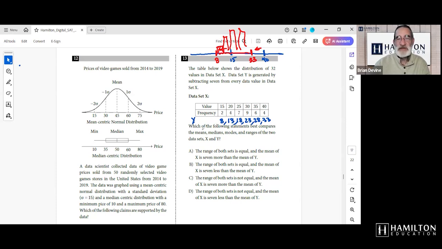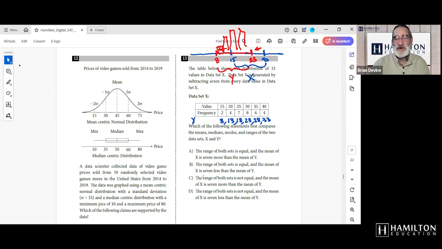Well, now we can answer the question, because they say, which of the following best compares the mean, median, mode, range of the two data sets? Well, as I just said, the range of Y is going to be the same as the range of X, just high minus low, just shifted over by 7.